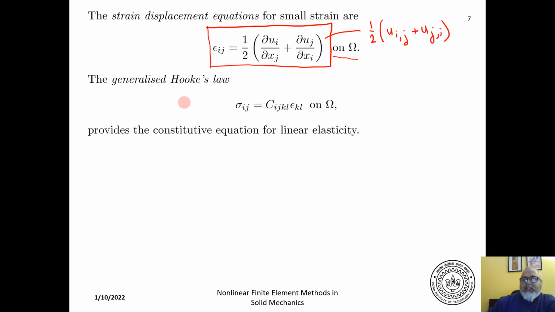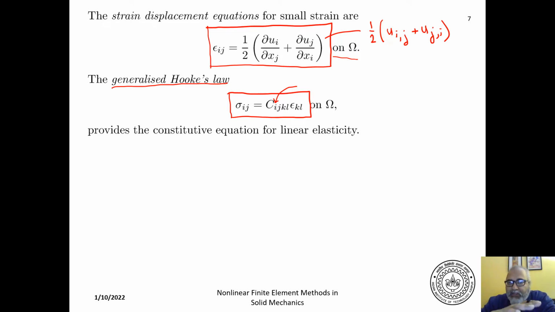All this has to be supplemented with the constitutive equation, which in what we have learned so far in our basic courses is sigma ij equal to Cijkl epsilon kl, a constitutive equation for linear elasticity. In many cases, we have assumed that Cijkl is an isotropic tensor, and we have dealt with isotropic linear elasticity.